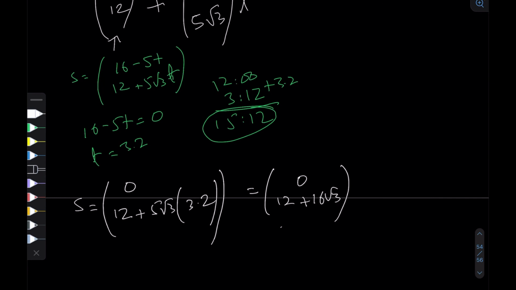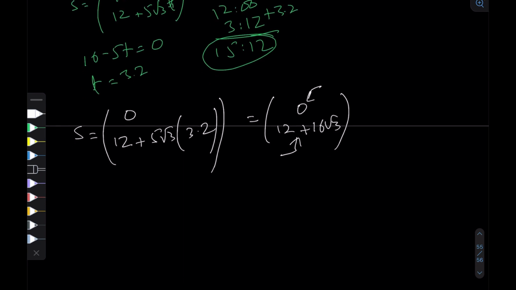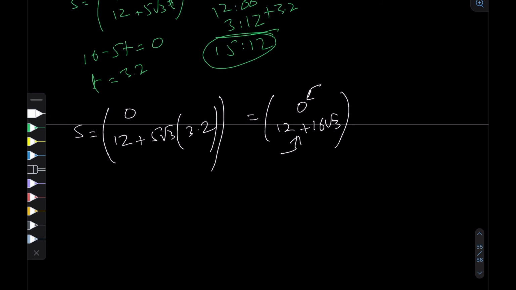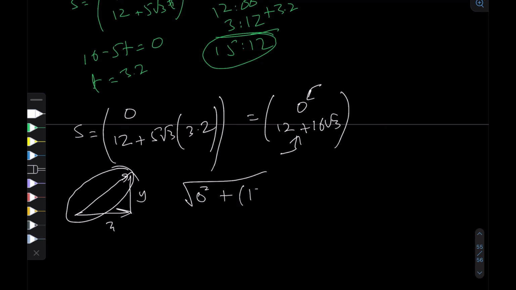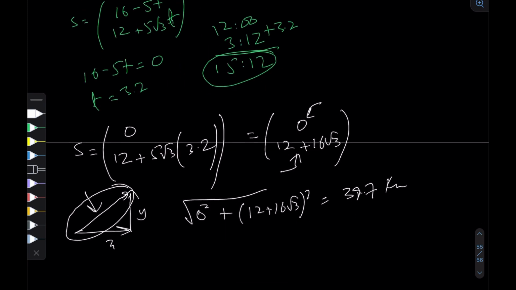Actually this is your final answer, but if you had any number here, the way you would do it is that you basically know the x component and the y component. You need to find the magnitude, so it would be x squared plus y squared and the root of that. So the square root of 0 squared plus (12 plus 16 root 3) squared, and this would turn out to be 39.7 kilometers. The reason why we are taking the magnitude of the resultant is because they ask for distance rather than displacement. And this is all there is to it.